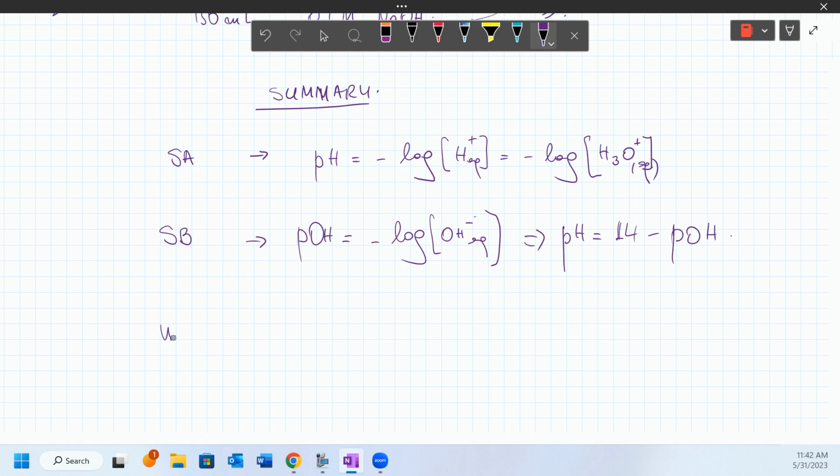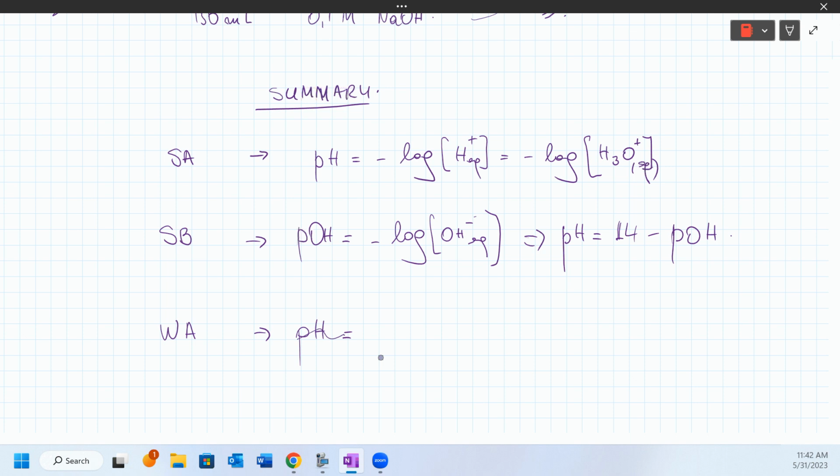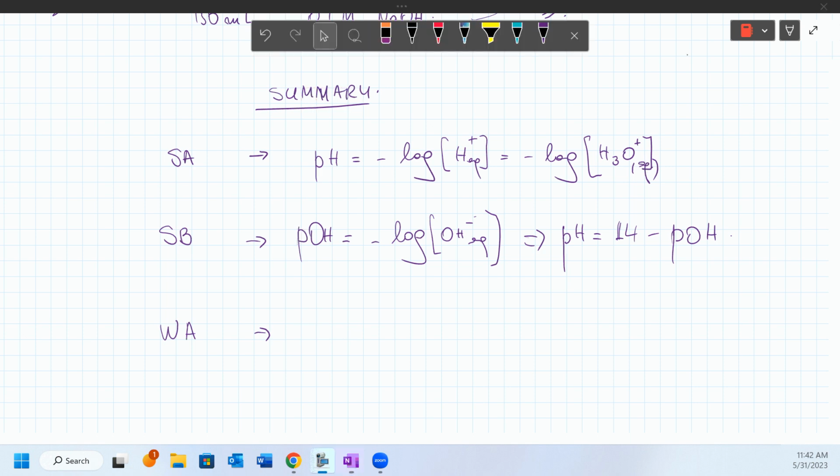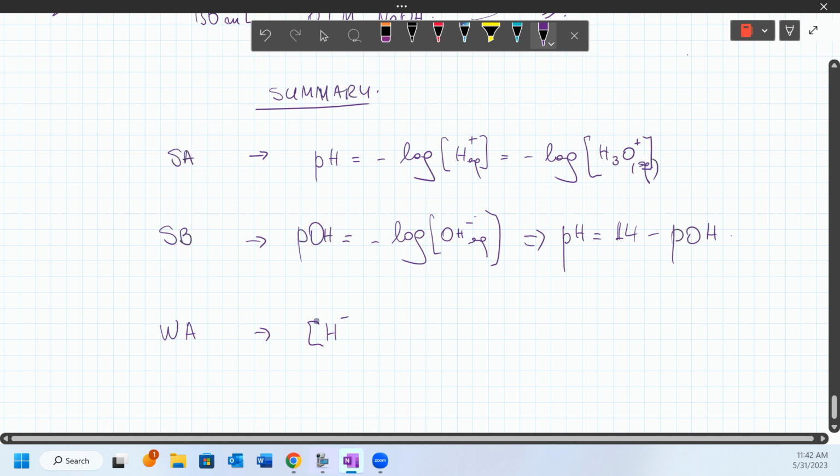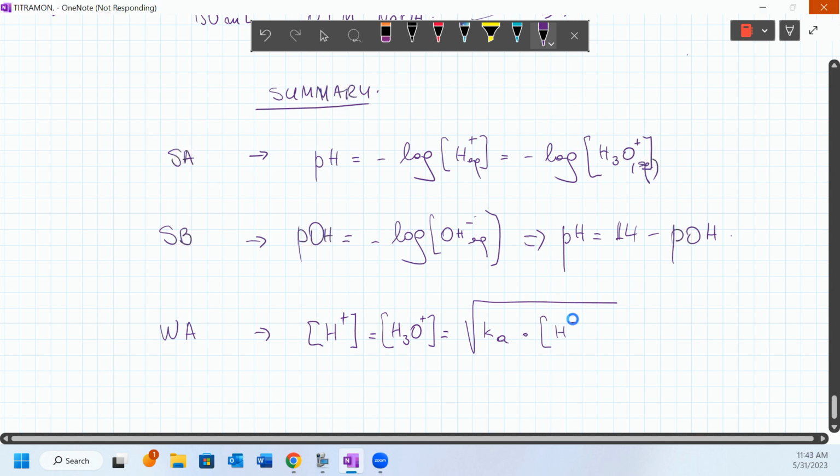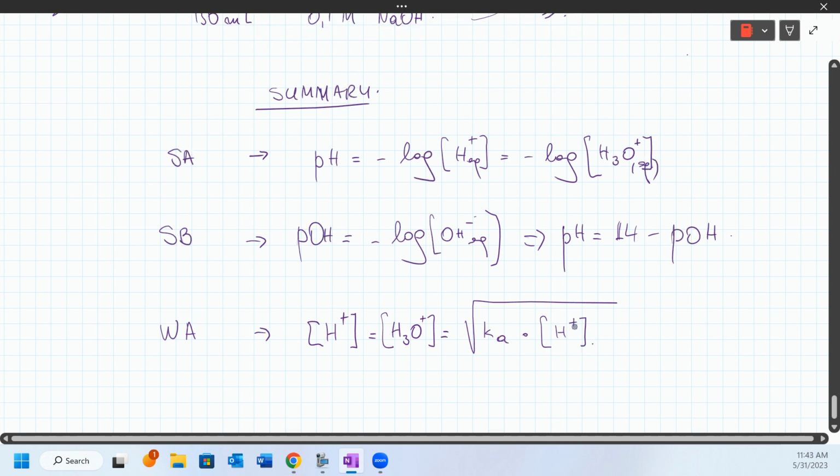If it is a weak acid, then the concentration of proton, or hydronium, will be using the shortcut: the square root of Ka times the concentration of the acid.